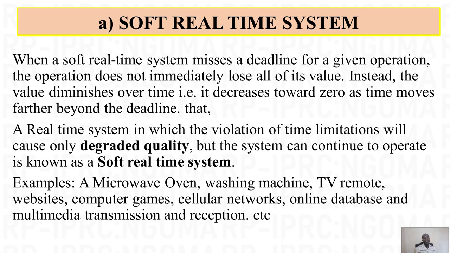Soft real-time system. When a soft real-time system misses a deadline for a given operation, the operation does not immediately lose all its value. Instead, the value diminishes over time, decreasing toward zero as time moves further beyond the deadline.